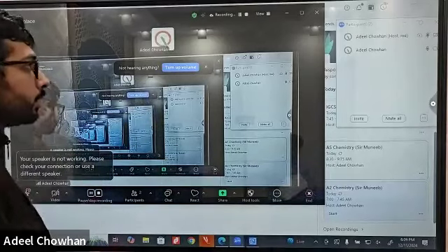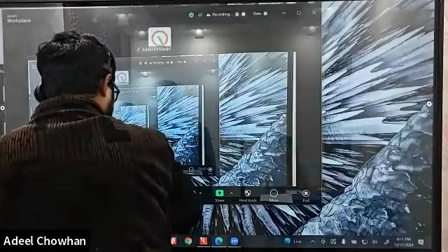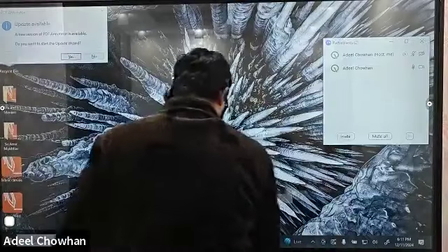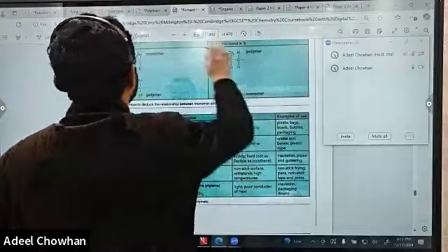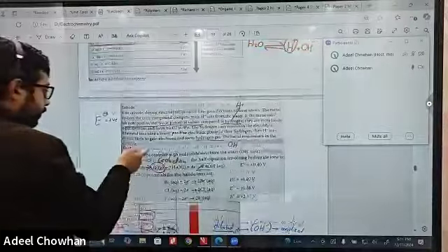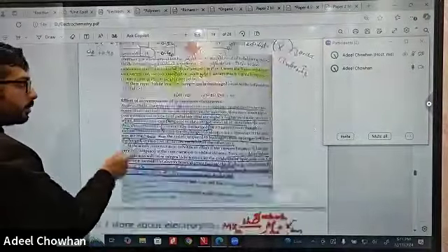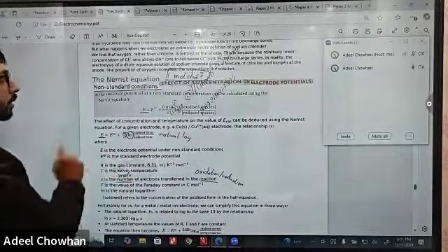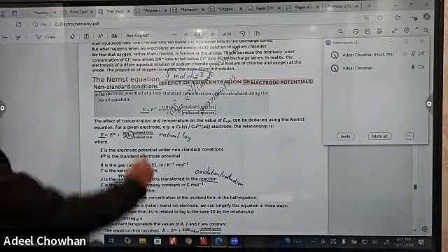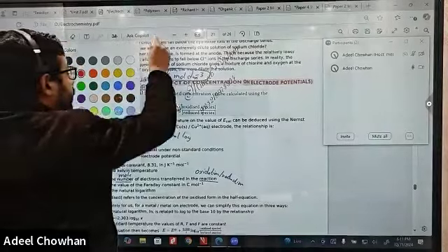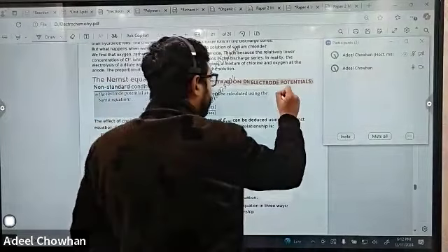So in the last class, we were doing this portion, and we had started the Nernst equation. As I told you yesterday, this topic was included in the A levels in 2016.